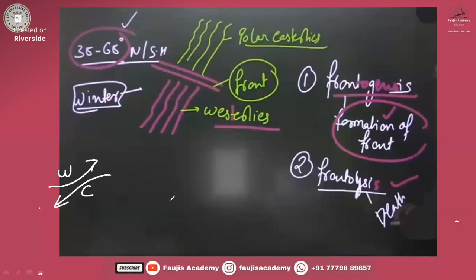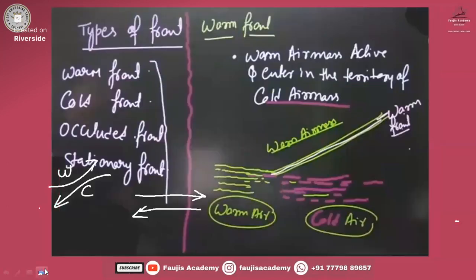When cold air is descending this side, after some time cold air will occupy all these places and warm air will be parallel to it. In that case, there will be the death of the front. That death of the front is known as frontolysis. So this is about frontogenesis and frontolysis. So now we have a total of 4 types of front.